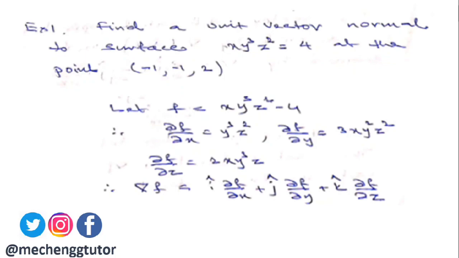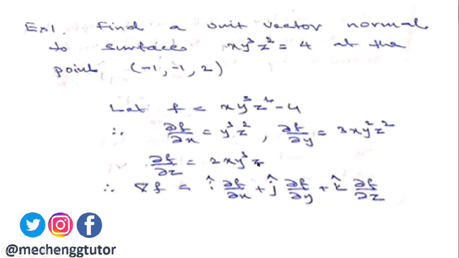Thus, dou f by dou x gives y cube z square. Dou f upon dou y is equal to 3x y square z square. For dou f upon dou z, x y cube will be constant and the derivative of z square is 2z. Altogether I have written 2x y cube z.